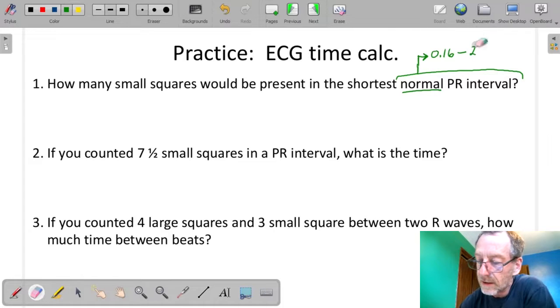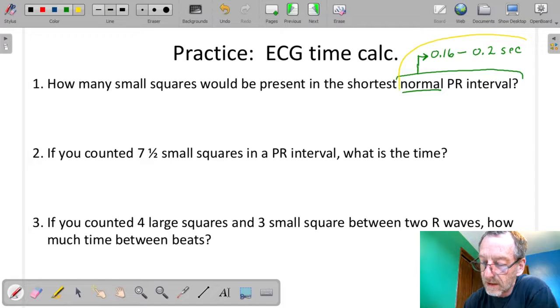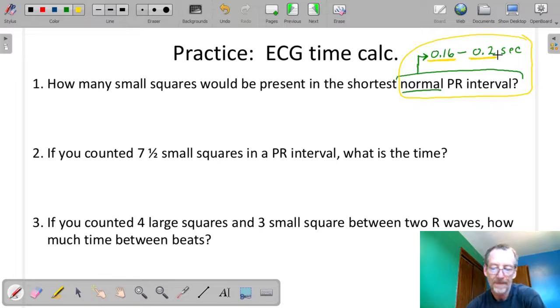And let me change that to 0.2 seconds. So that you need to memorize, a normal PR interval. So you need to know how many squares that represents. Okay? So the problem is, how many small squares would be present in the shortest PR interval?